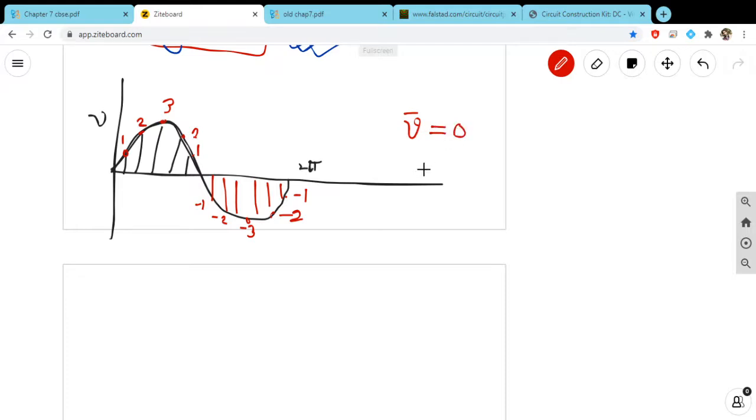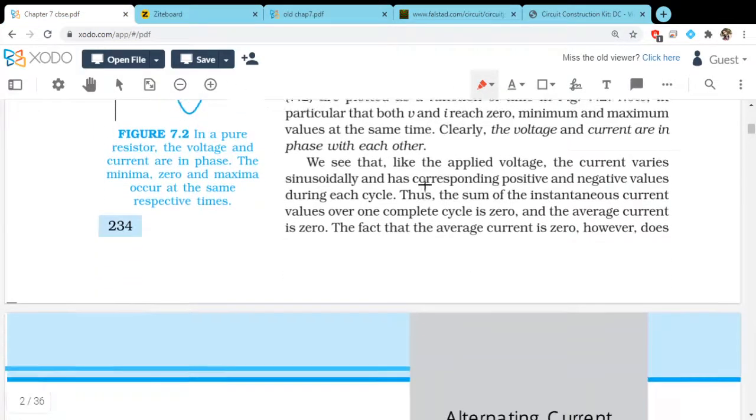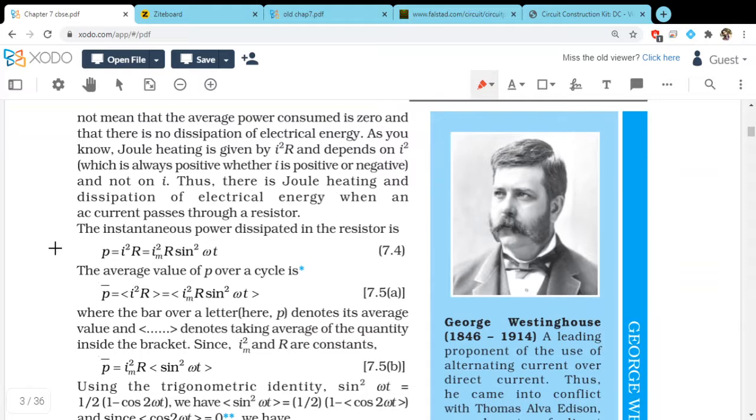So what about the current? If the average value of the voltage is 0, then the average value of the current is also 0. This requires some mathematical steps in the later part, and it is too early to start. If I explain it here, it will be very hard to understand.